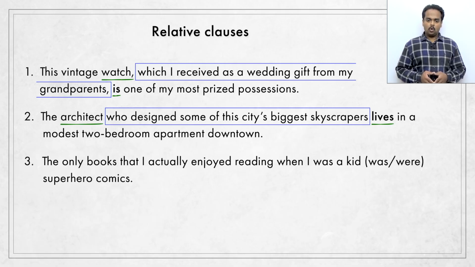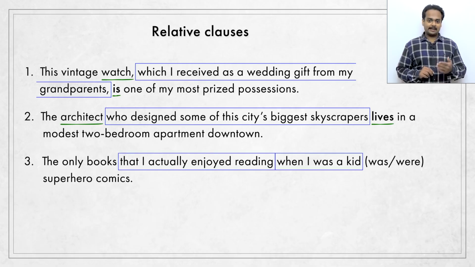Next one. The only books that I actually enjoyed reading when I was a kid was or were superhero comics. Stop the video and think about this one. Okay, first of all, did you find the relative clause? Actually, there are two relative clauses here. The first one is that I actually enjoyed reading, and the second is when I was a kid.